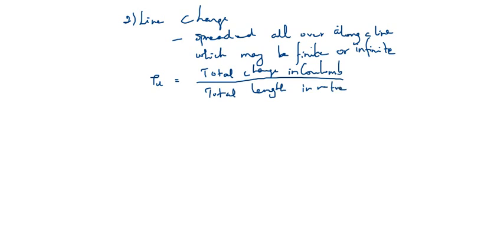So line of charge is given by Coulomb per meter. So Q is equal to integral of rho L into dl. So it is given by rho of L. Okay, right. Then surface charge.